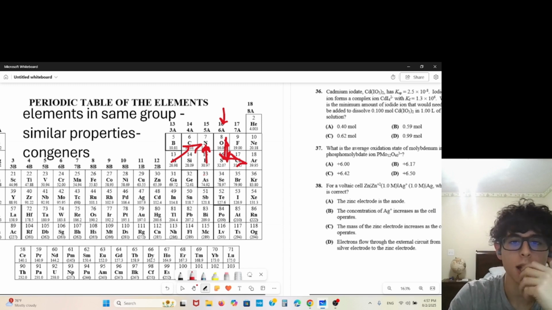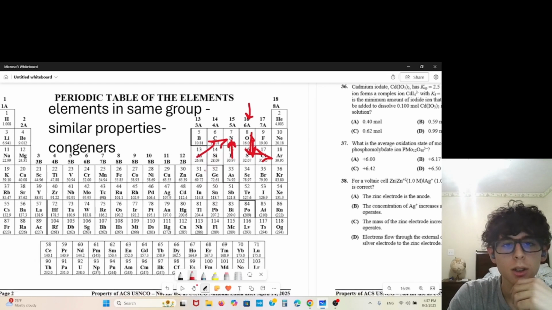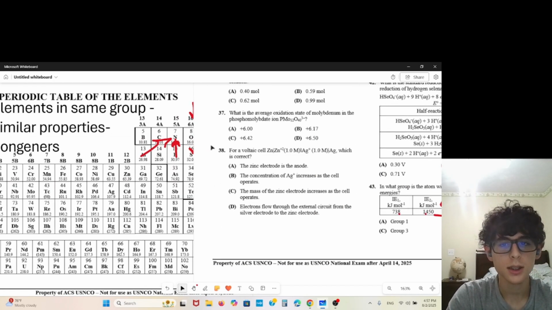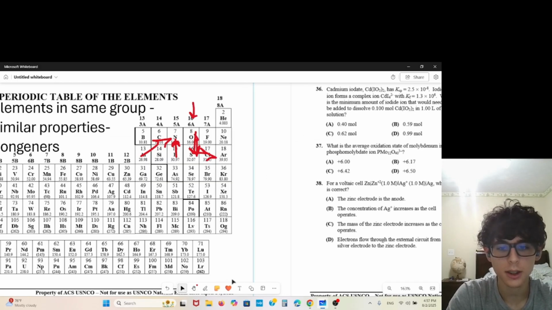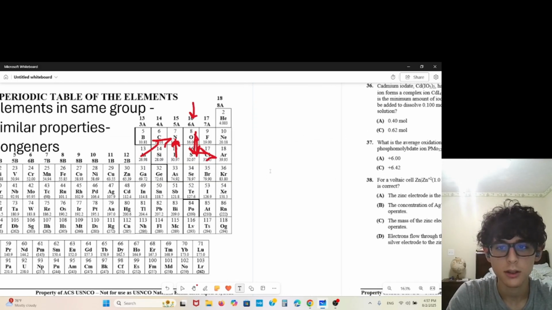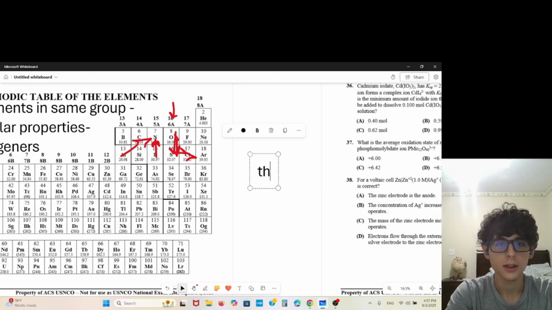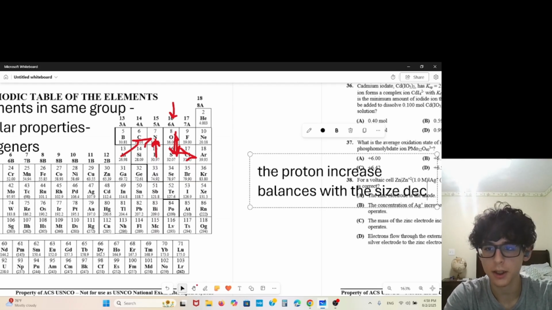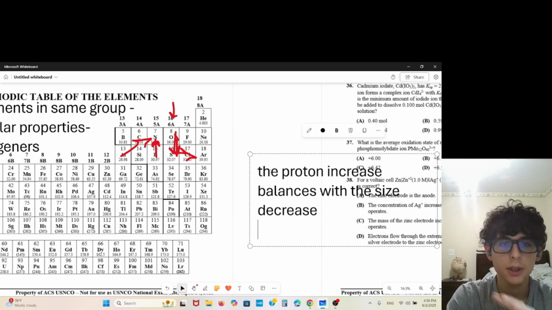Now, what you're left with is P and As. Look at this insane number of elements here. This is good for us because the proton increase balances with the size decrease, so they're going to be really close.